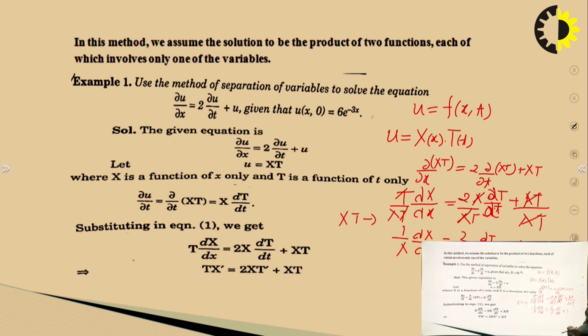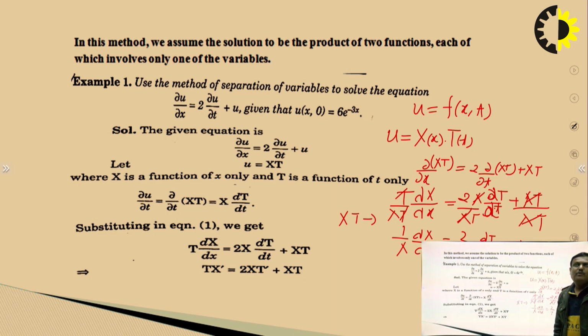Now, solving the equation, we have to find u(x,t), and here we assume the solution in the form u equals XT, meaning X of x and T of t. But here we have to see that the equation is only one and the variables are two. So how do we solve this equation?